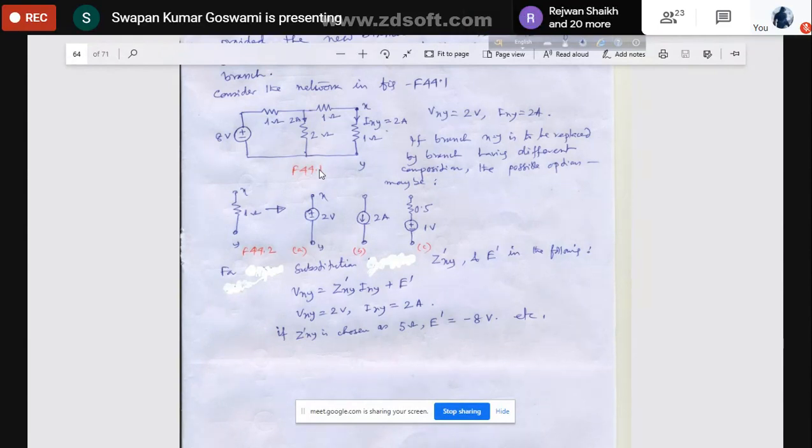That means the circuit parameter remains fixed, irrespective of the value of current through the element or voltage across the element. Whatever the voltage, whatever the current, the circuit parameters will remain unchanged. That means they will follow the relation V equal to IR or V equal to IZ, and the impedance or resistance will be constant.